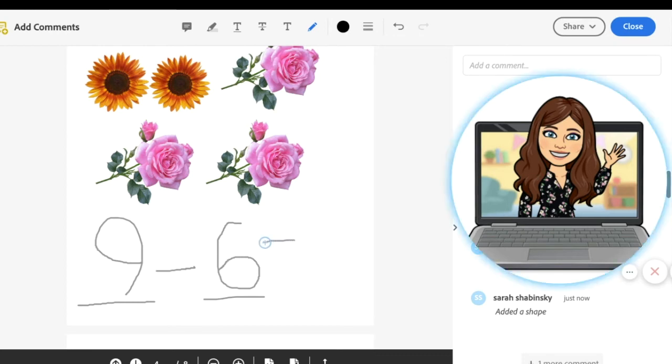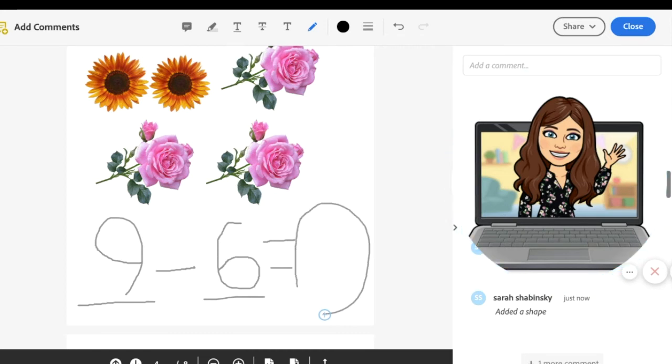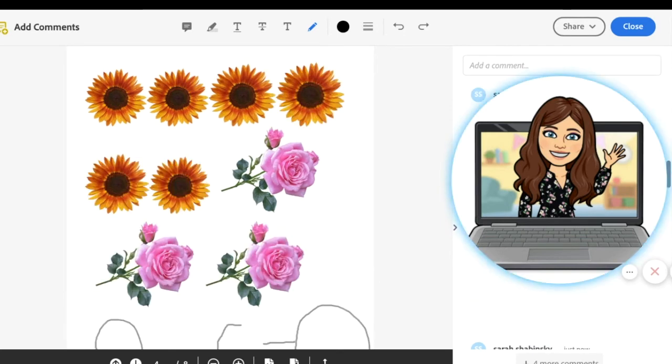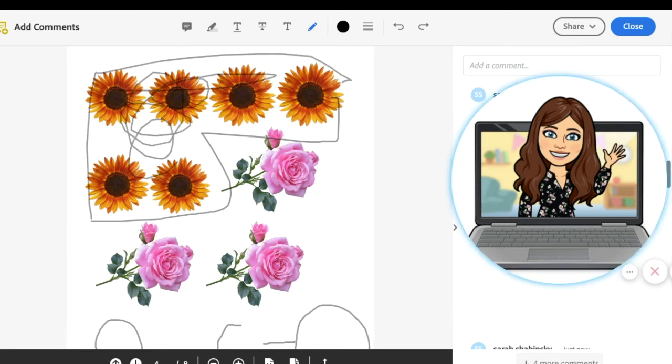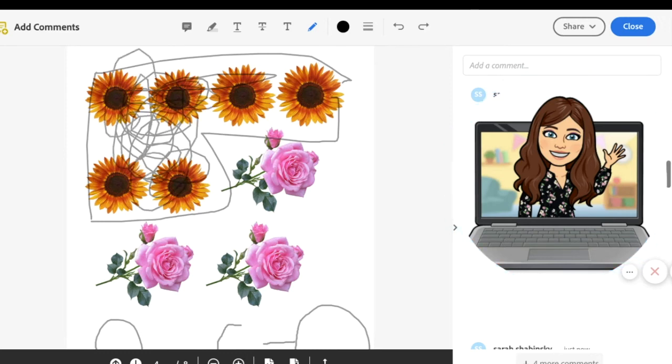So then we're going to do an equal sign, and then the final number that we're solving for will go here. Well, Keeble Cubs, how do we figure out how many roses that there are? That's right. We take away all the sunflowers, because all the sunflowers, the 6 sunflowers, are the numbers that we need to separate.